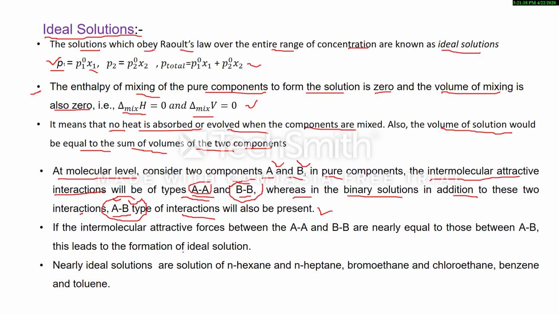If the intermolecular attractive forces between AA and BB are nearly equal to those between AB, this leads to the formation of an ideal solution. 100% ideal solutions are rare, but some mixtures may behave as nearly ideal solutions. Examples are: solution of normal hexane and normal heptane, solution of bromoethane and chloroethane, solution of benzene and toluene. These are some nearly ideal solutions.